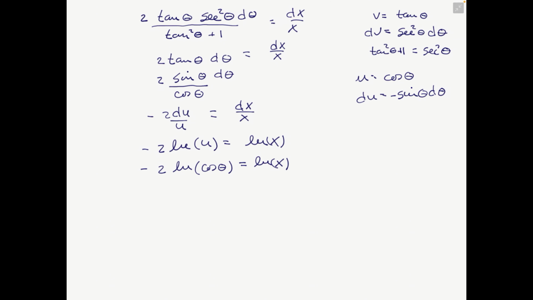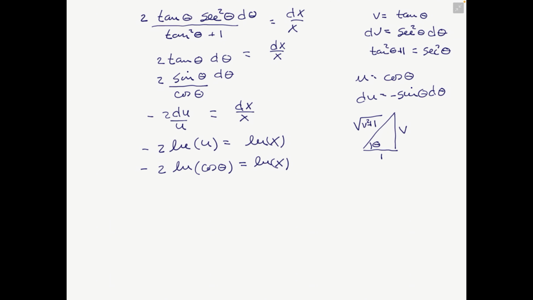Now we have to take a look at what we've got. We've got theta, and theta was, we got v equals tangent theta, so we got v on 1, and that's v squared plus 1.